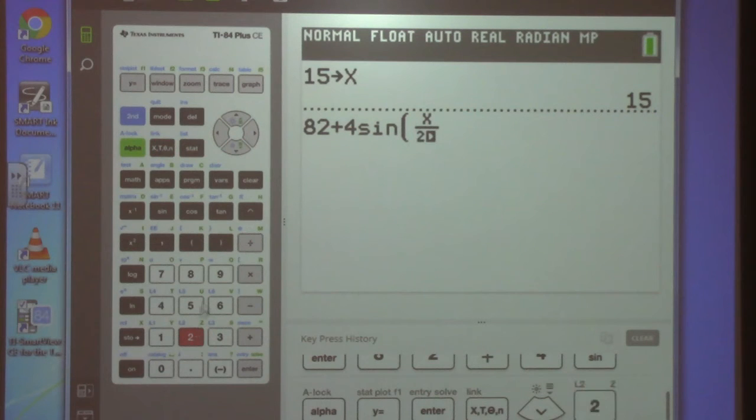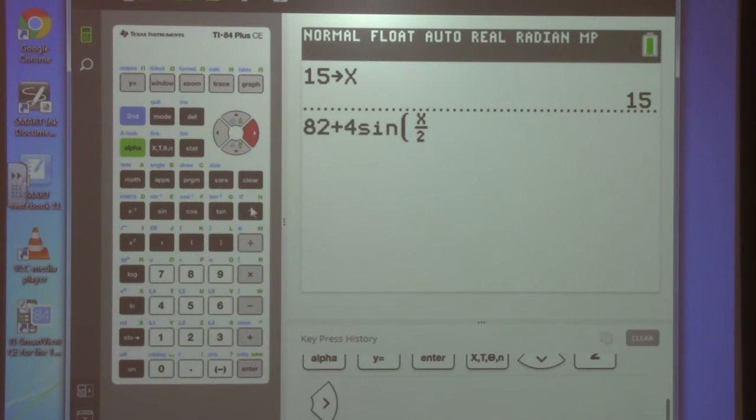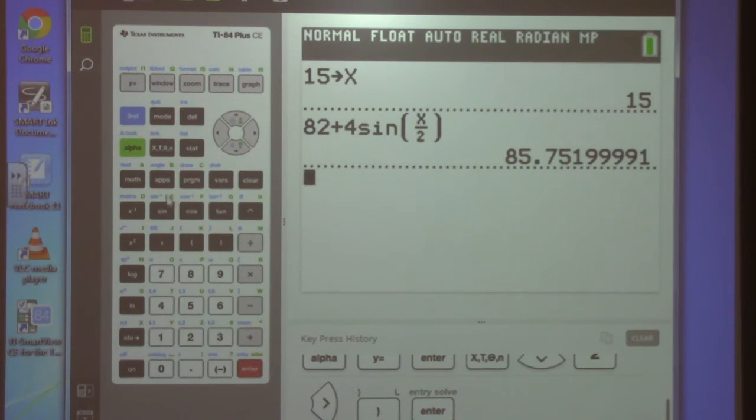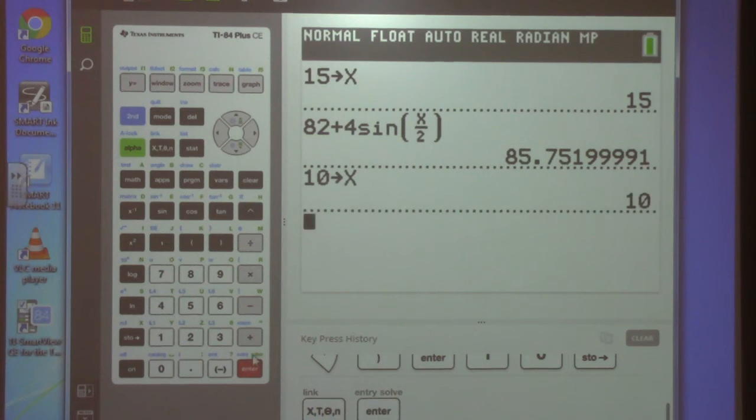Is that all there is? Yep. So we have that, and then we have the next one, 10 storage X, and then just type in the same thing.